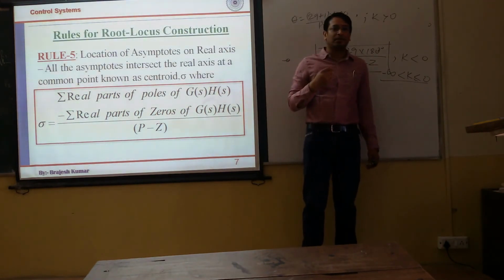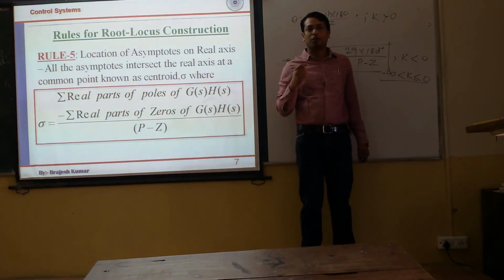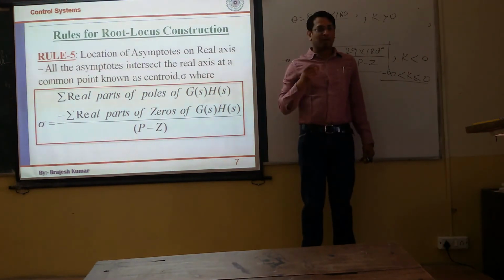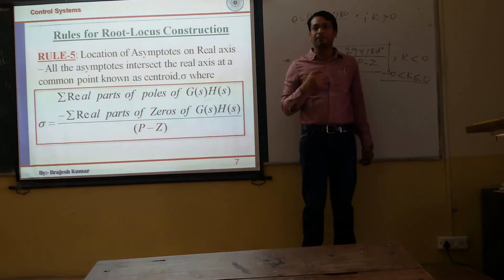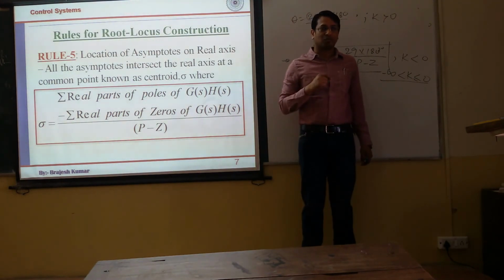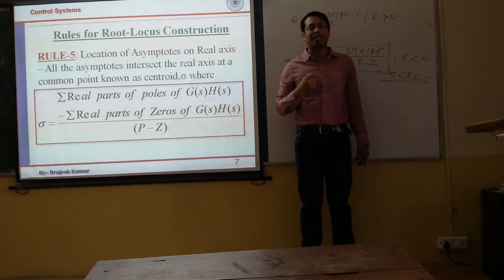Rather, they write the summation of poles of GSHs minus the summation of zeros of GSHs divided by P minus Z. I am avoiding more calculation with this formula, so we consider the real part only. Why? Because if there is a complex root or complex pole, it will occur in pairs and the imaginary parts will cancel each other. So why pay attention to the imaginary part which is ultimately going to be cancelled.